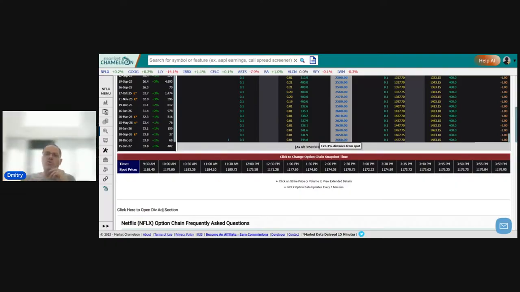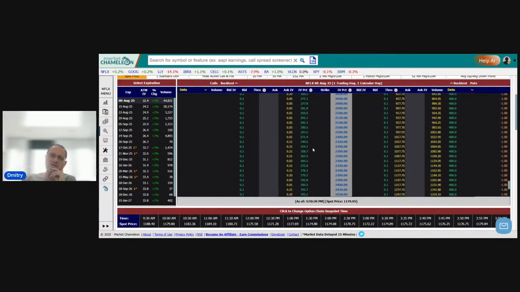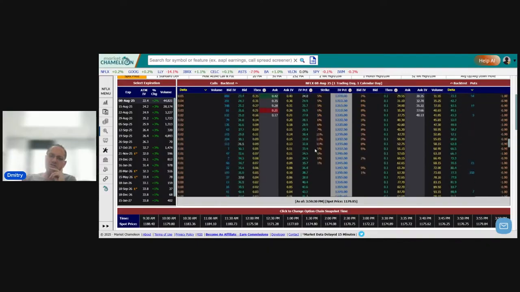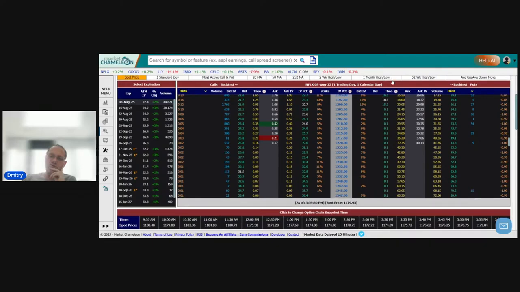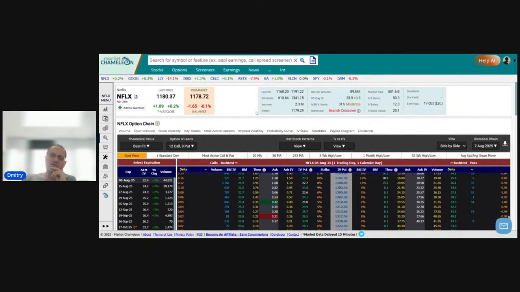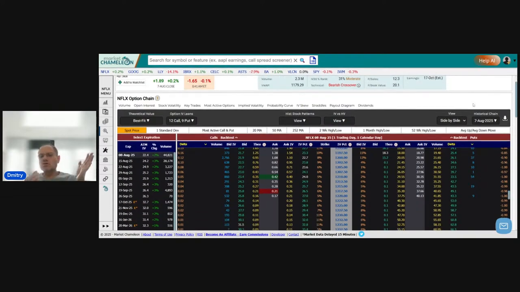And why is it important? Well, when we look at all these options, they're all a derivative. They're all tied to a movement in the stock. So if the stock goes up $1, all these options are going to move differently.